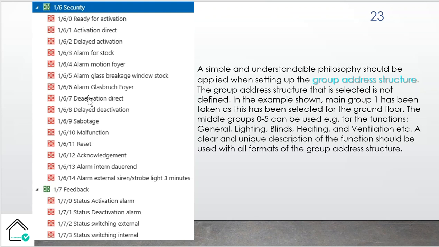In the example here, you can see main group 1 has been selected for the ground floor, the middle group address for the security function, and the subgroup address is based on your detailed function in the security. Of course, for a simple project, we do not need such different group addresses. Maybe 4 or 5 is enough.